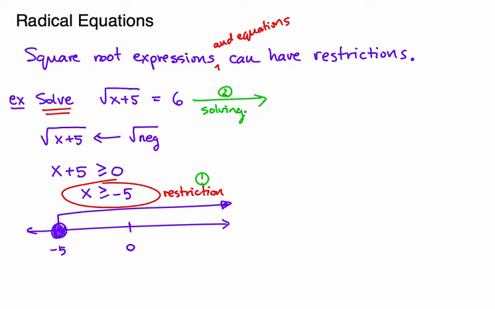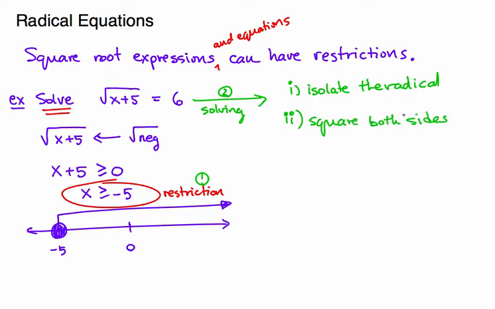It's simply isolating the radical, so it has its own steps, and the first part is to isolate the radical, which we've done. Isolate means get it onto one side of the equal sign, so it's already set up that way. Step 2 is to square both sides.